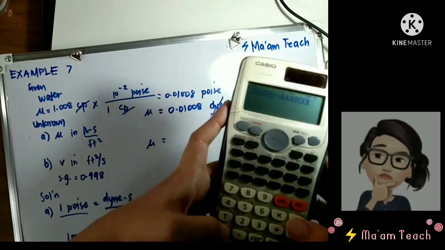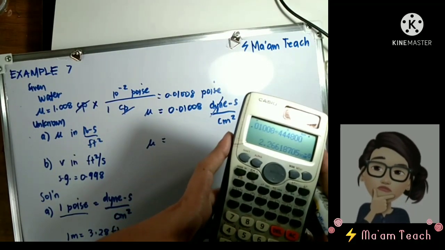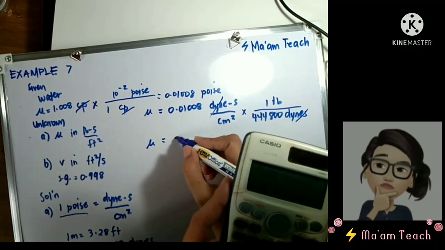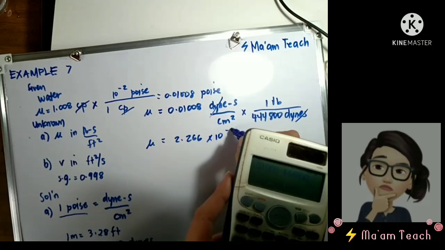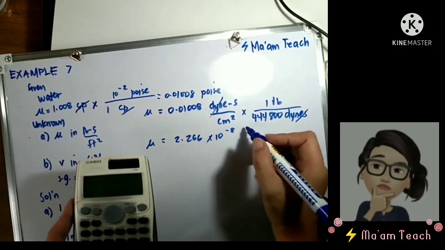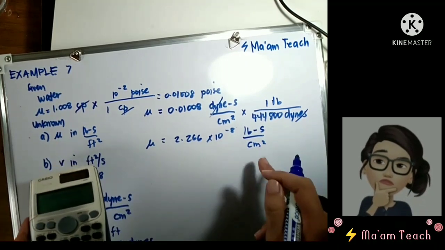Can you follow? So how much is that? That is 2.266 times 10 to the negative 8, and the unit will be pound second per square centimeter now.